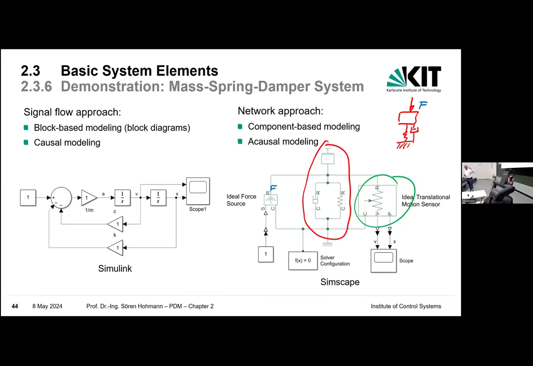And the wonderful thing with the right side is that it is possible. So you can glue together simple things, make so-called components out of it, and can reuse it because you have a physical interconnection. There is no signal flow like on the left-hand side.